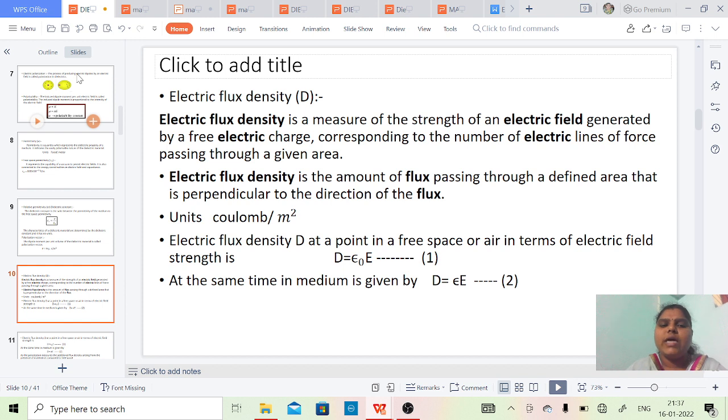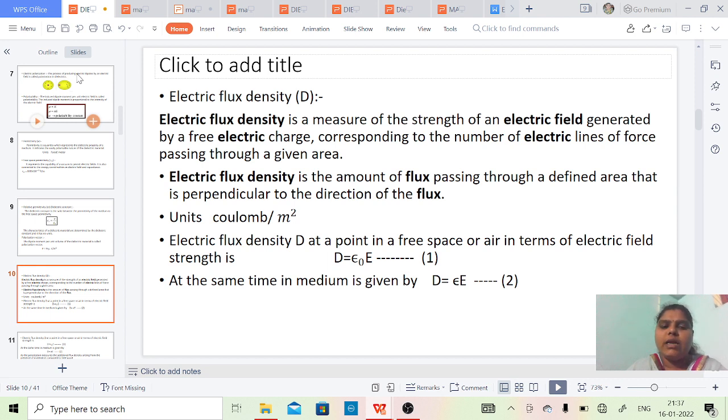It is the amount of flux passing through a specified area that is perpendicular to the direction of the flux. How many electric field lines pass through the given area is the electric flux density. Its unit is Coulomb per meter square.